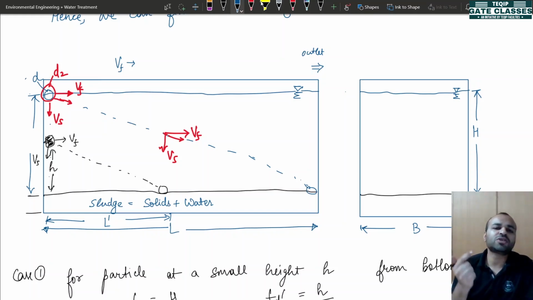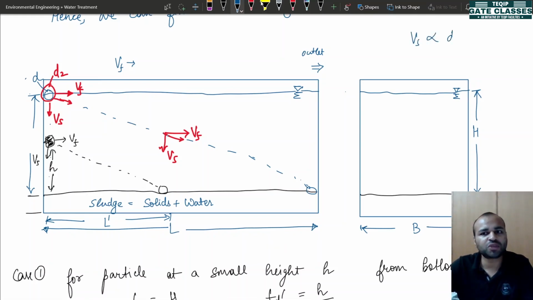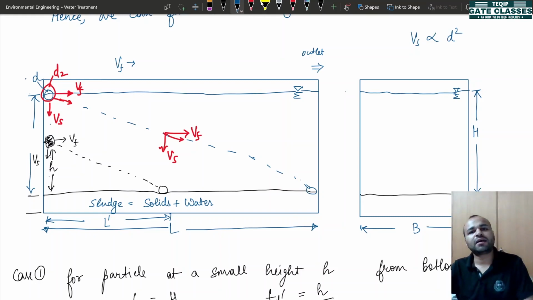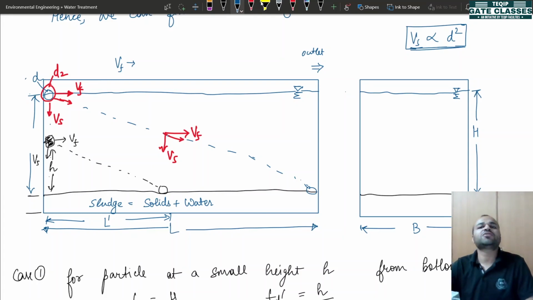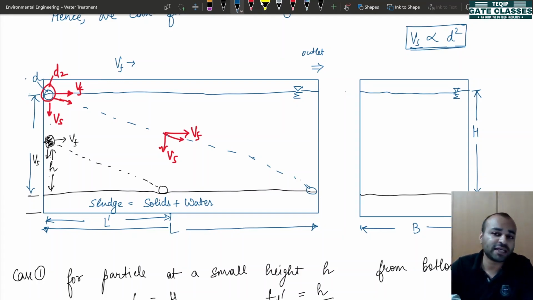Okay, and also from the Stokes law we know that the settling velocity is proportional to the square of dia. So if the diameter of the particle is increased, the settling velocity will be increased proportional to its square. Okay.